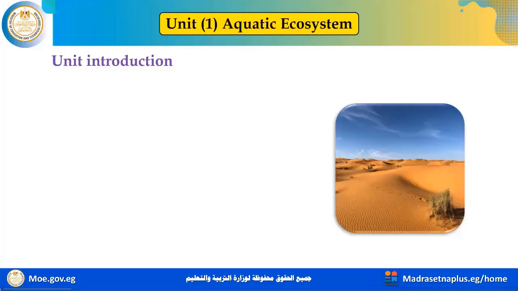All of these creatures live inside the desert and interact with the conditions of the desert. Okay, and as you know, the conditions of the desert are high temperature during the daytime and very low temperature during the night. Okay, so mainly this picture indicates what? Good, the desert ecosystem. Okay, let's go for another type.